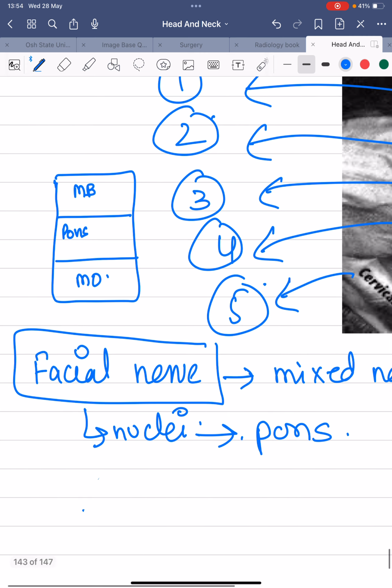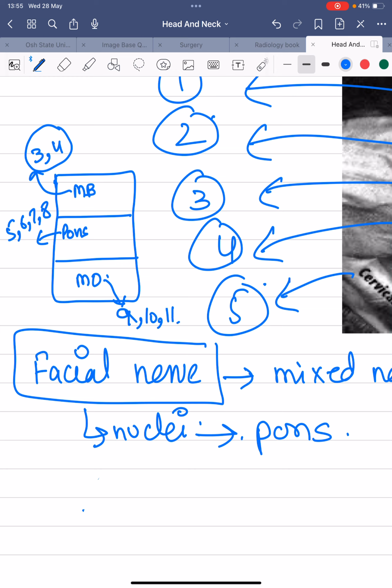From the midbrain, the third and fourth cranial nerve nuclei are present. In the pons, the fifth, sixth, seventh, and eighth cranial nerve nuclei are present. In the medulla oblongata, the 9th, 10th, 11th, and 12th cranial nerve nuclei are present.